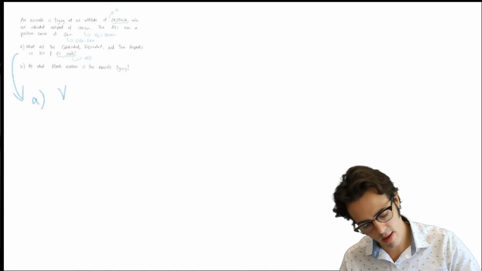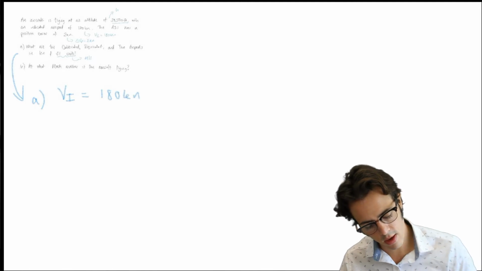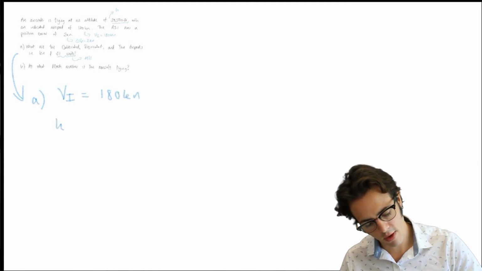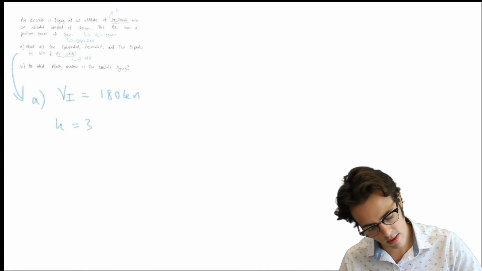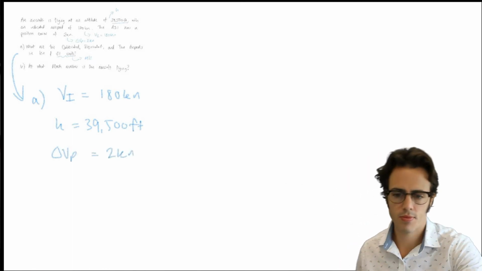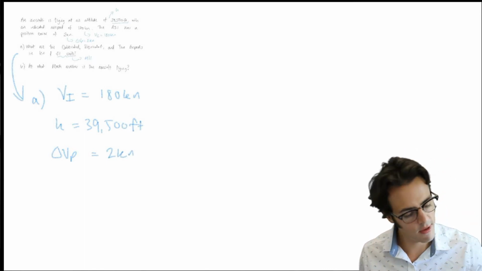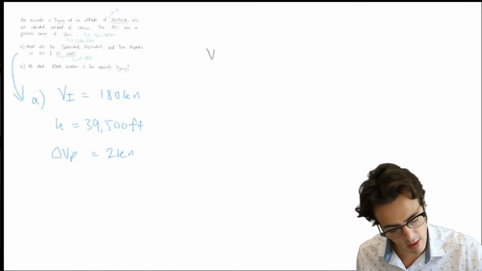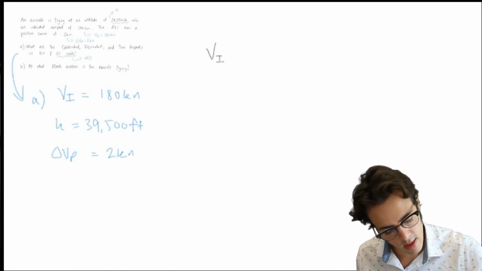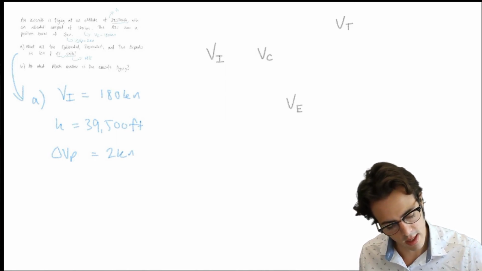So we're starting with an indicated airspeed of 180 knots, and we're at an altitude of 39,500 feet, and we've got a delta VP of 2 knots. Okay, so the very first thing we do is what I said we should do, write down VI, VC, VE and VT.